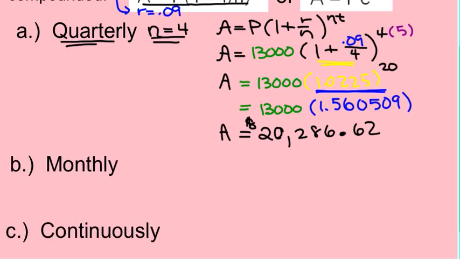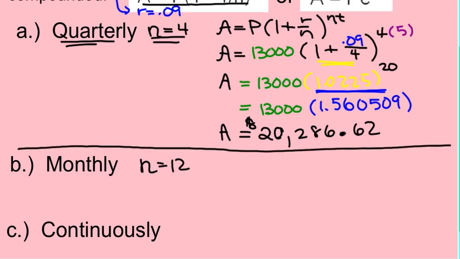Now let's change it up to monthly. So monthly means that the bank is going to compound your interest 12 times a year. So your N now equals 12. We're going to use that same formula that we used above. Again, you have to memorize that formula.